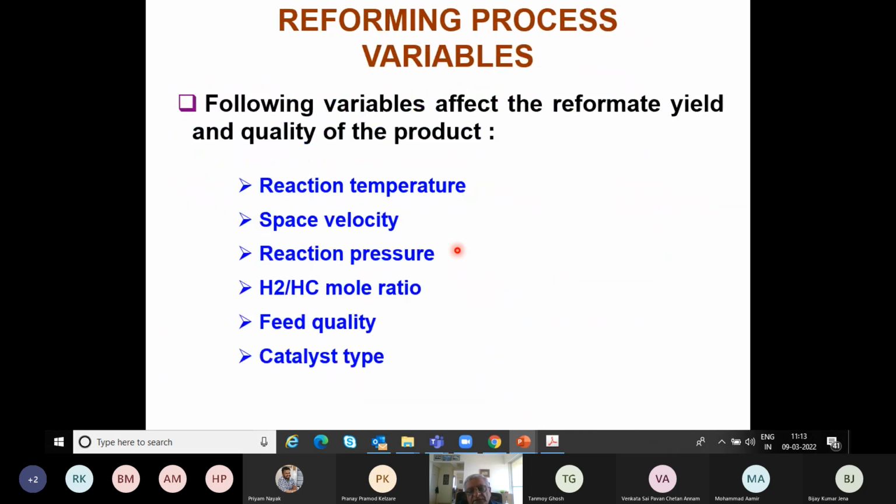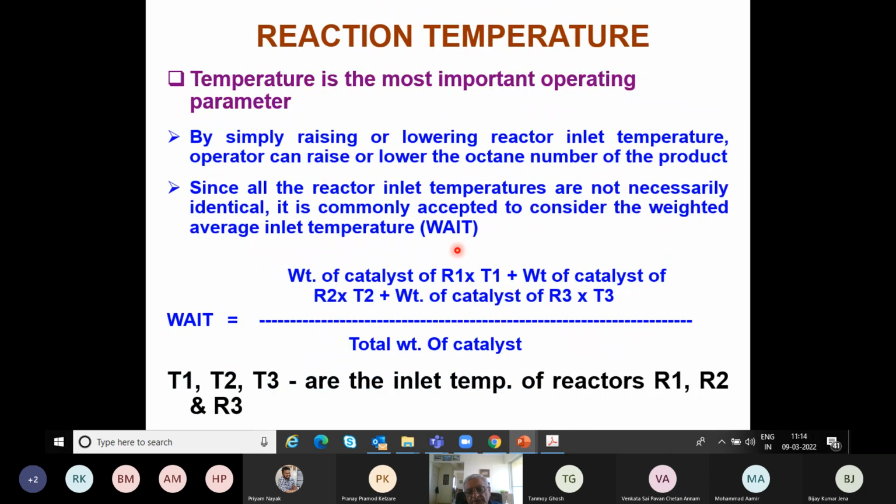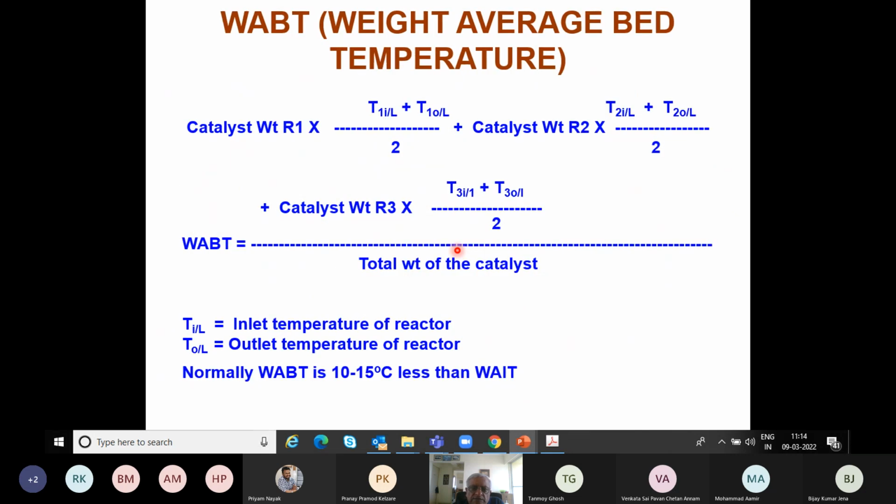In fact, reaction temperature is something which is in the hands of the operator. And here we actually consider a weighted average inlet temperature, which is a kind of a sum average of inlet temperature in all the reactors multiplied by the weight of the catalyst. And similarly, we can have a weighted average bed temperature. So we discussed all this.